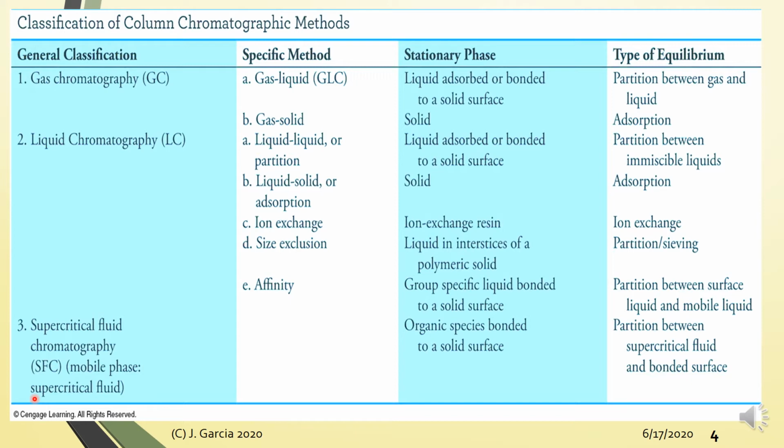However, in most laboratory settings, supercritical fluid chromatography is not yet that popular, although some manufacturers are trying to promote SFC. One advantage is that it produces lower chemical waste.